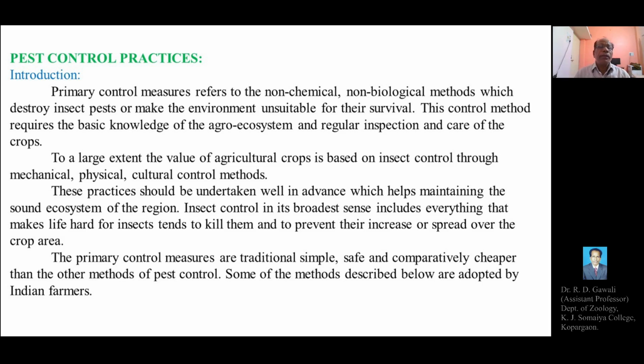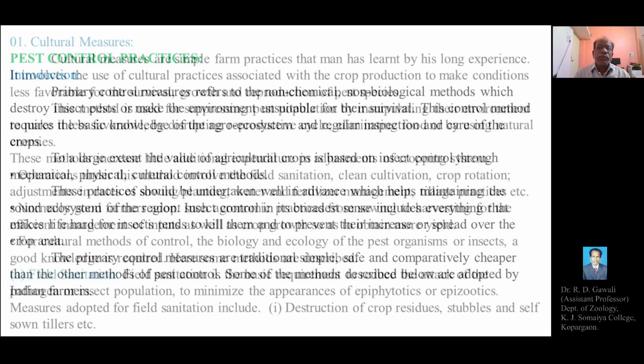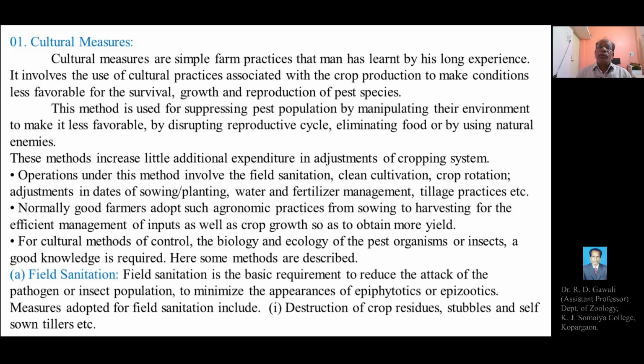So first we'll explain the first method adopted by the Indian farmers for the control of pests in the crop fields, that is the cultural control measure.